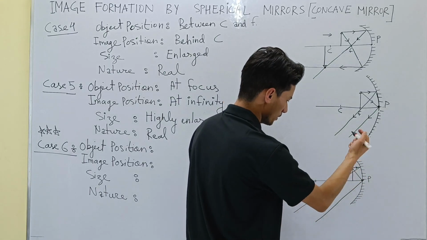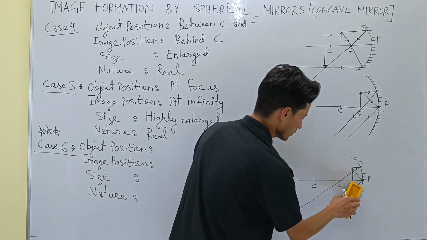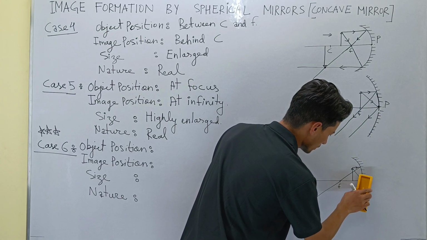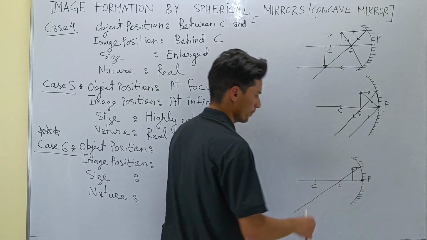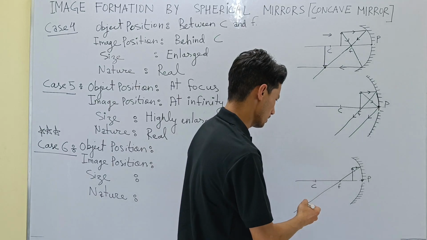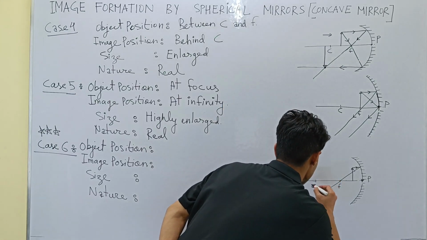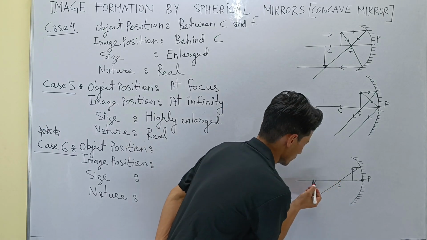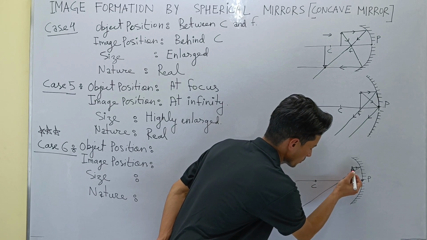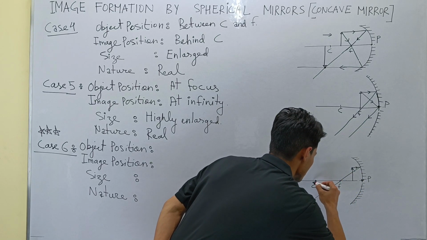Okay, let us not take this one. Let me take the curvature one, because if I take this one, I have less space here. So in this case, the ray should aim at this curvature and touch these two.